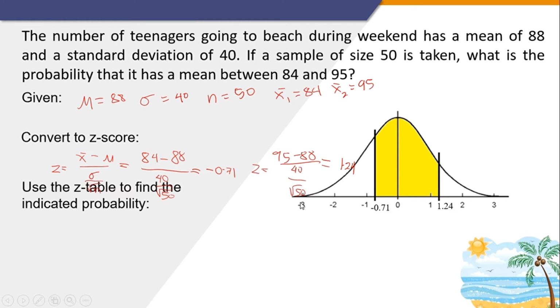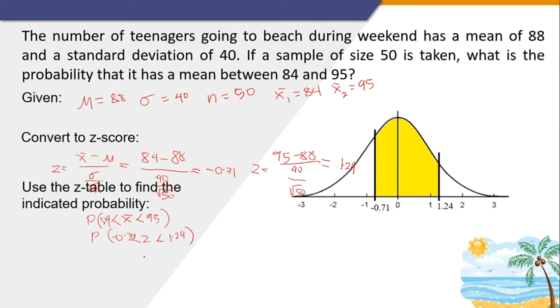Next, use the z-table to find the indicated probability. Yung probability that the sample mean is greater than 84 and less than 95. So, yung z-score nito is z is greater than negative 0.71 and less than 1.24.